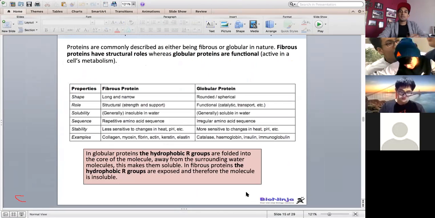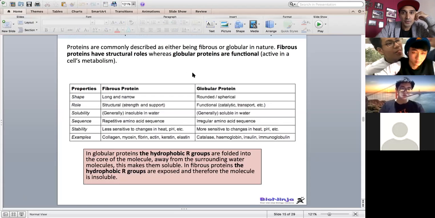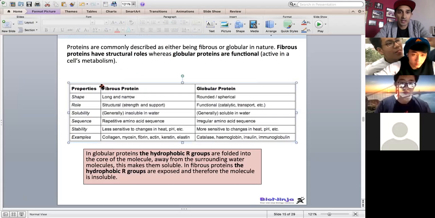Like we mentioned yesterday, there are 2 ways in which proteins exist. You can have fibrous proteins and you can have globular proteins.